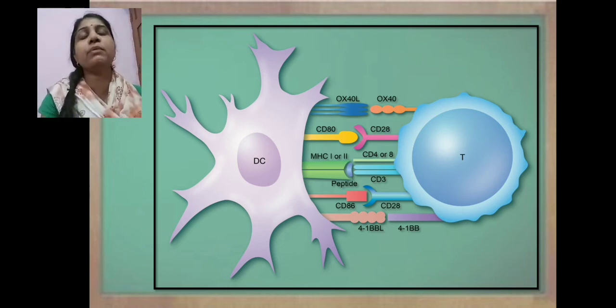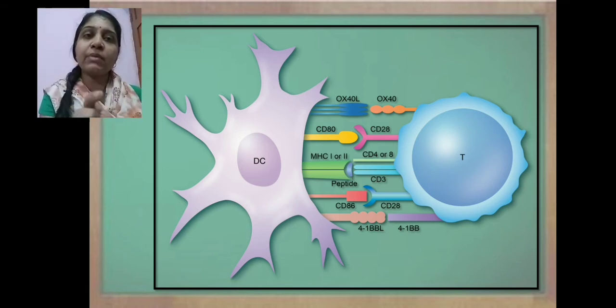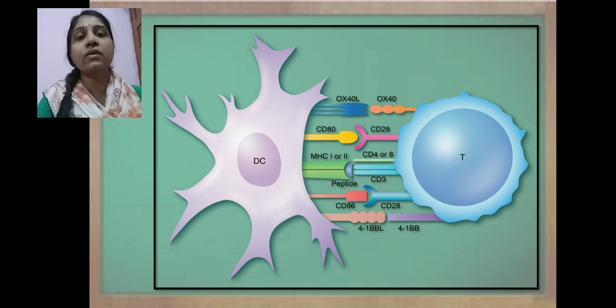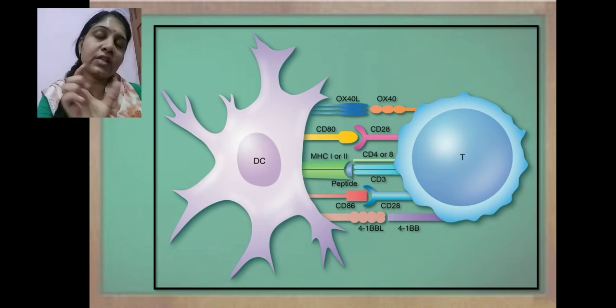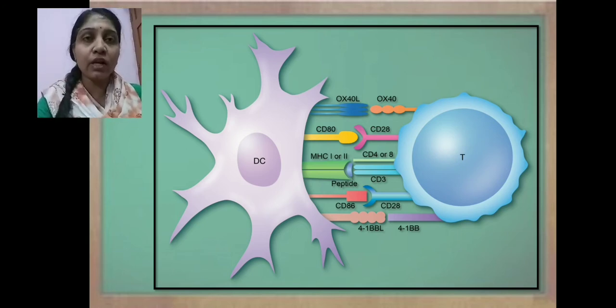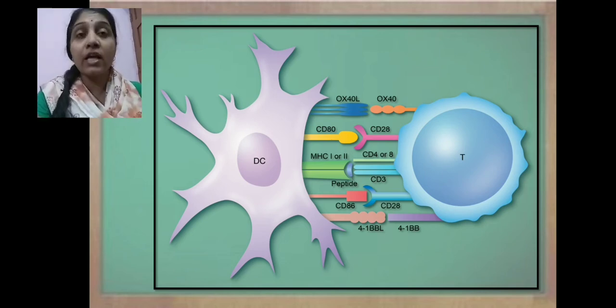Now here is the representation of how there are interactions between the antigen presenting cell and the T lymphocytic cell on the dendritic cell. We know that this dendritic cell is nothing but the antigen presenting cell. On its surface there is the presence of either MHC class I and MHC class II molecules.